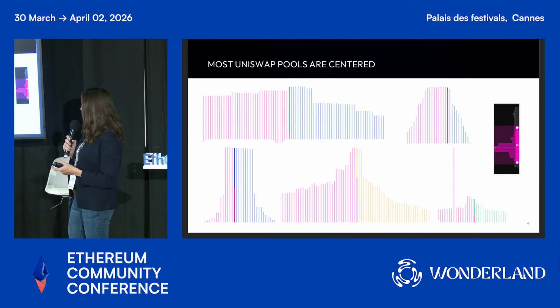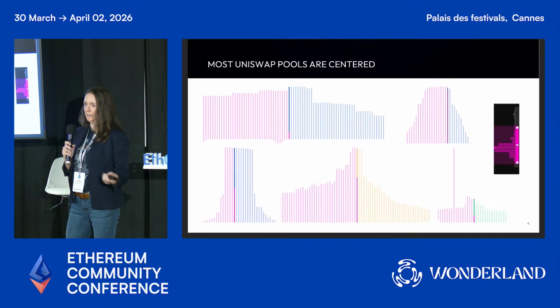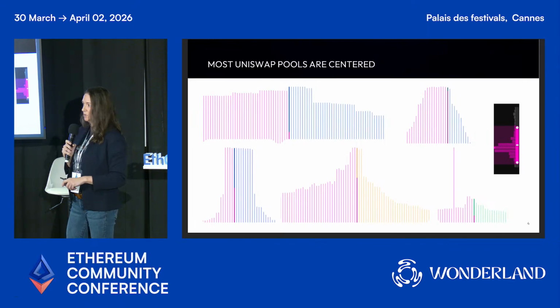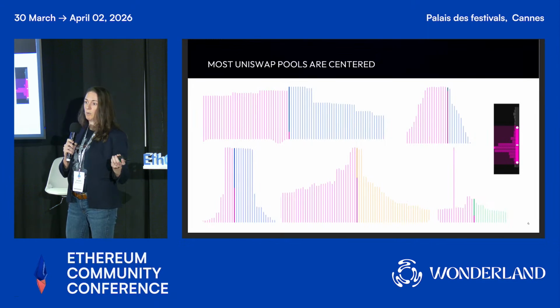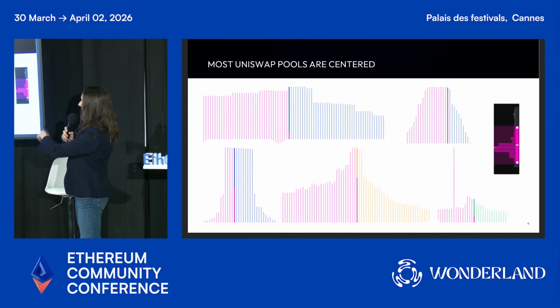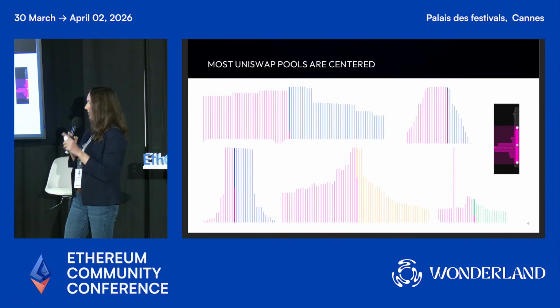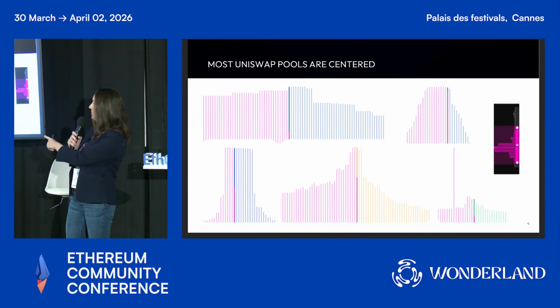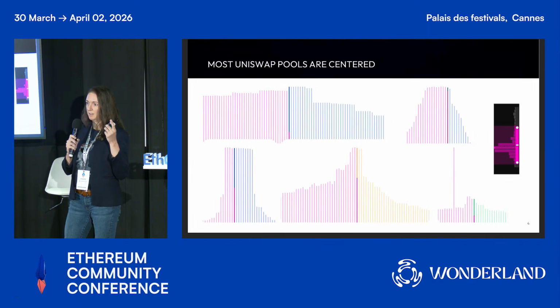Now, let's take a look at how liquidity is organized across the pool. We use what's called ticks to represent the liquidity across a pool. Now, I like this visual representation of liquidity over ticks, and what I'm showing you here is 5 different Uniswap pools and the liquidity across that pool over the ticks.